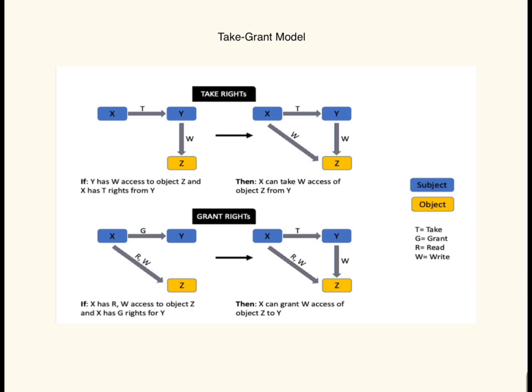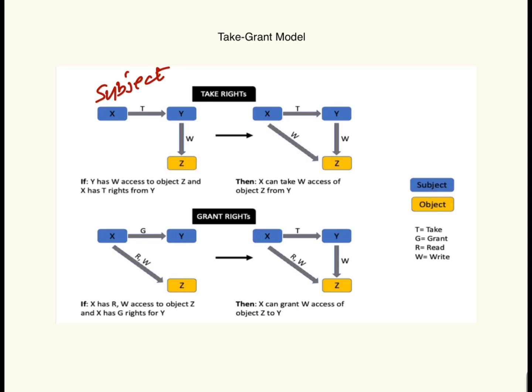Here X is a subject. All the boxes in blue color are subjects, and the boxes highlighted in yellow color are objects. You can see T for take, G for grant, R for read, and W for write. Let's assume that subject X does not have access to object Z. It could be a file system, it could be anything.